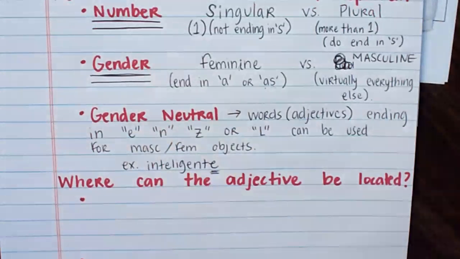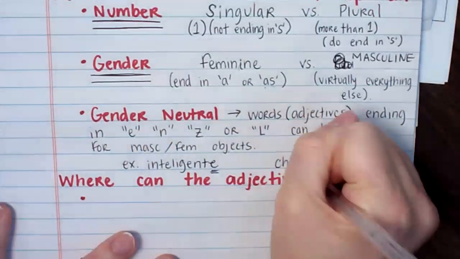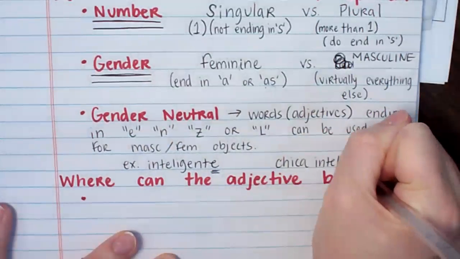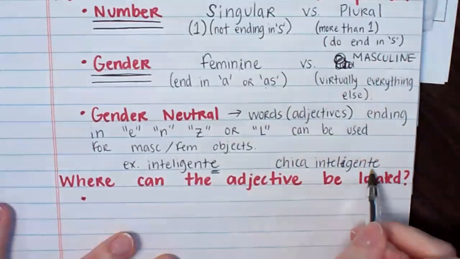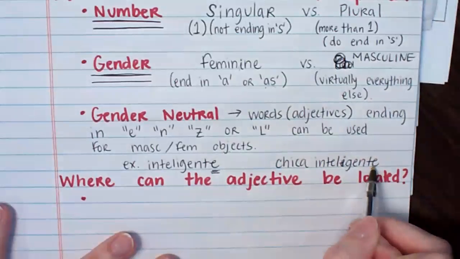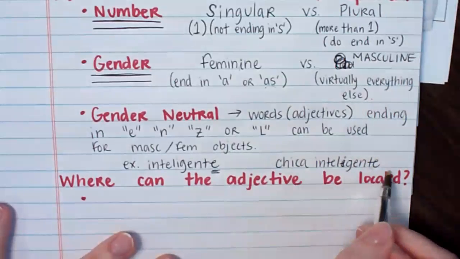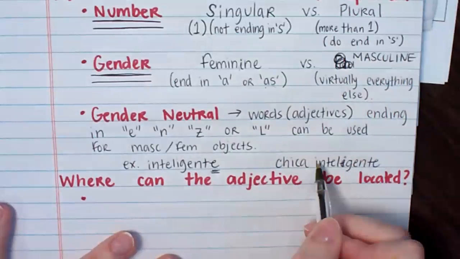If I want to say the smart girl, I would say la chica inteligente. There's no A at the end of the adjective to match. Because this right here, inteligente, is gender neutral.